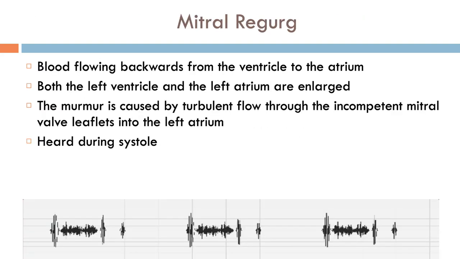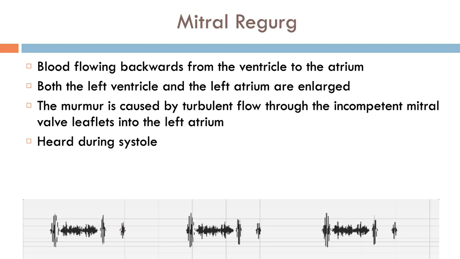Mitral regurg is the most common valvular pathology that we see. Young females, girls in their teens and 20s, can have this. As we all get older, over 60, we will have some form of regurg. It's normal, and the mitral valve is the most common for the regurg.